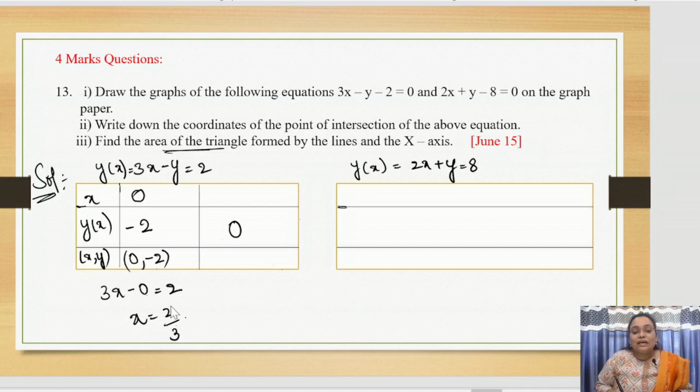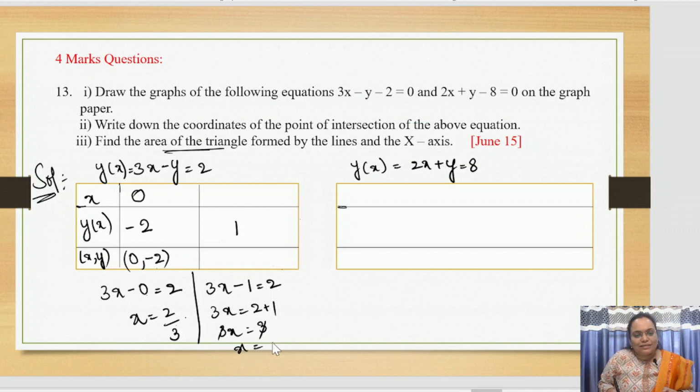Yes, which is a decimal number. Okay. So try to avoid decimal number. Try to take a whole number so that it will be easy for us to plot it on a graph. So let us take y is equals to 1 and see. If y is equals to 1, you will get 3x minus 1 is equals to 2. 3x is equals to 2 plus 1. 3x is equals to 3, which is 1 and 1.